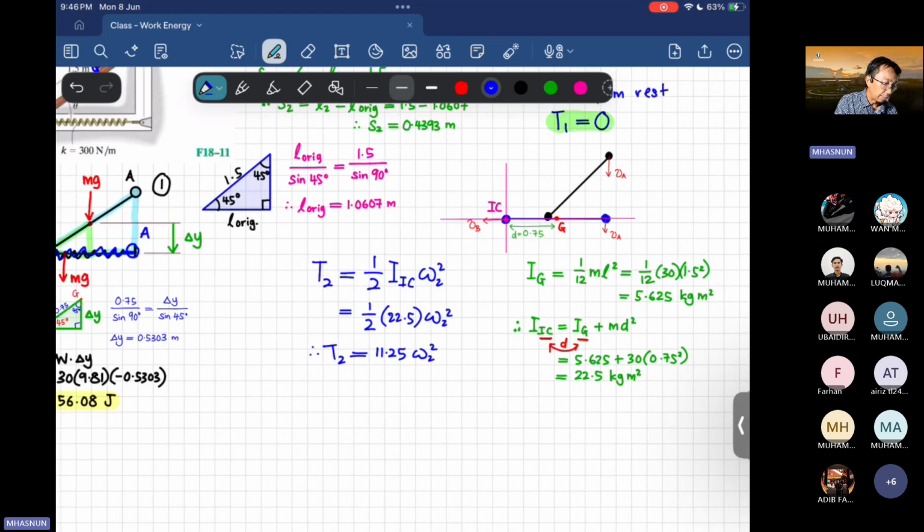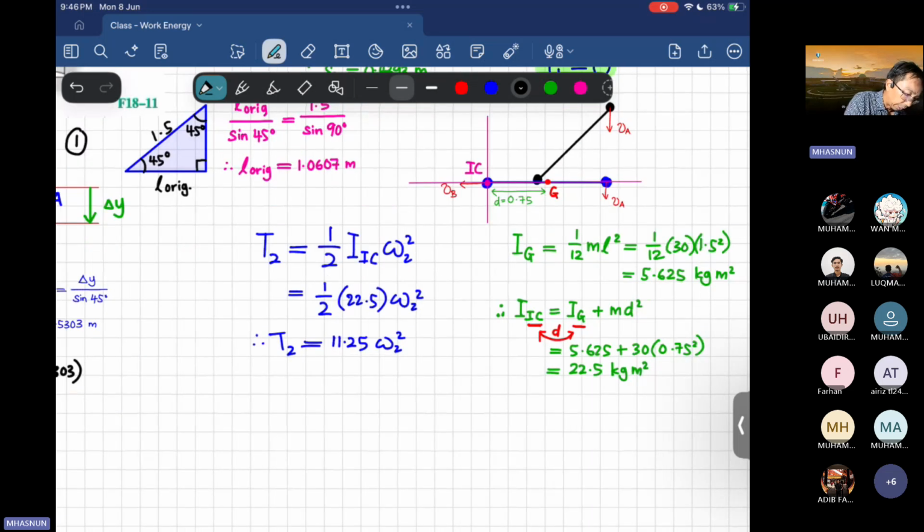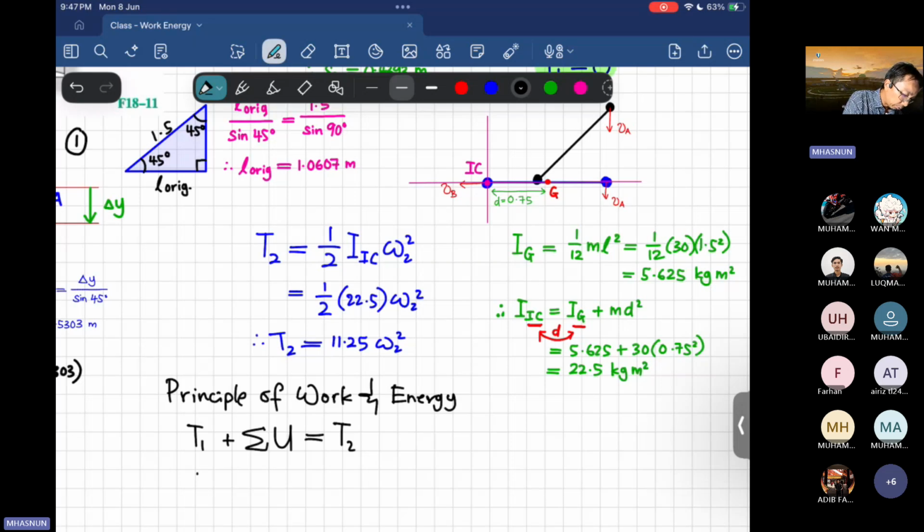Okay. And the last step adalah to use the principle of work and energy, which says that initial kinetic energy T1 plus the total work done is equal to the final kinetic energy T2. Okay, so we know T1 equals to 0.